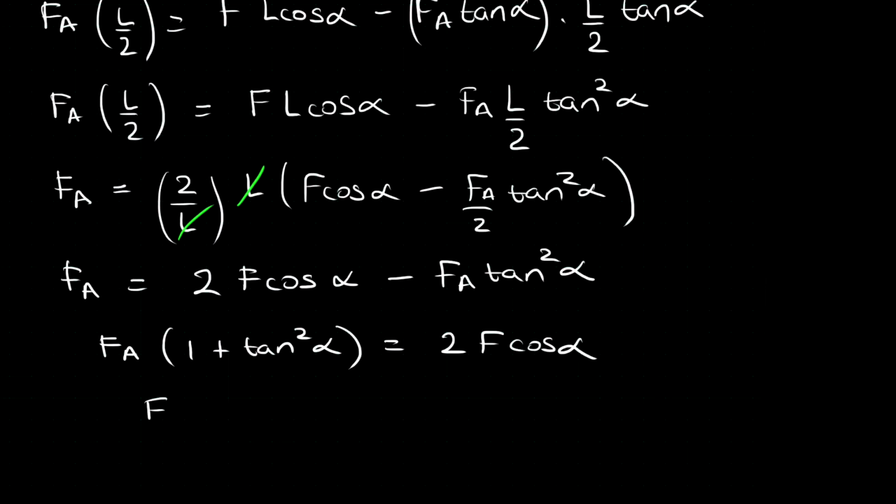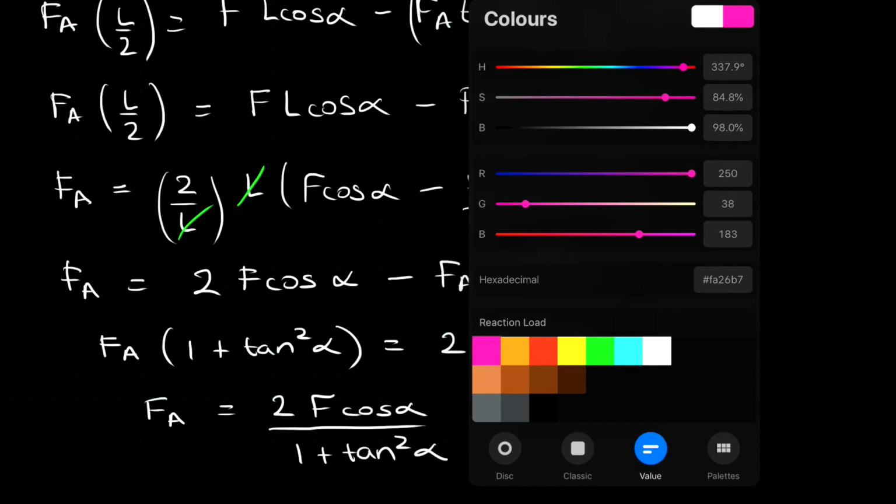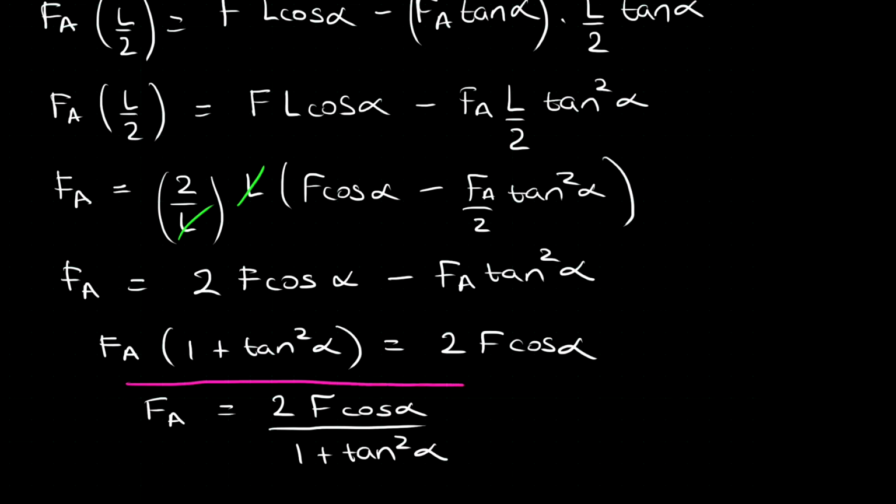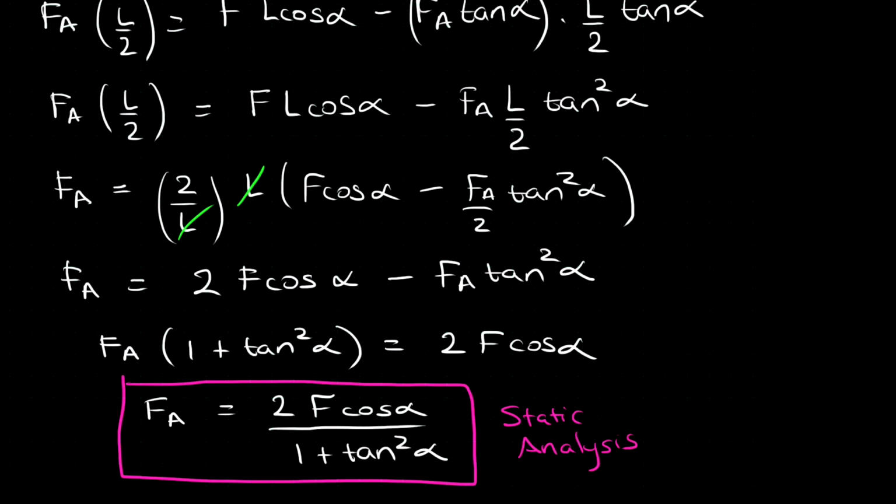So finally, FA equals 2 times F cos alpha divided by 1 plus tan squared alpha. And that gives us our relationship between FA and F. So that's using the static analysis method.